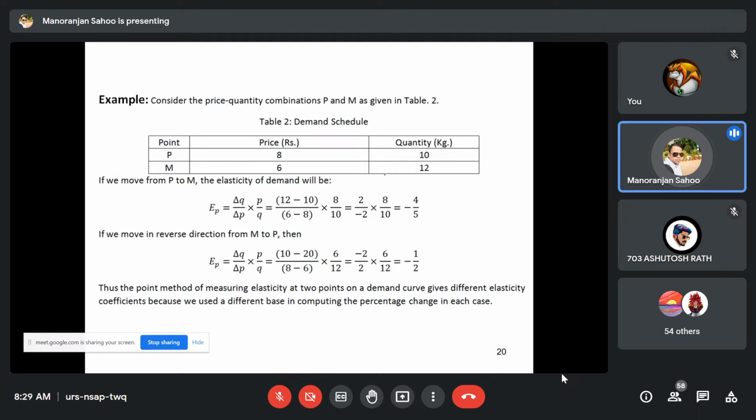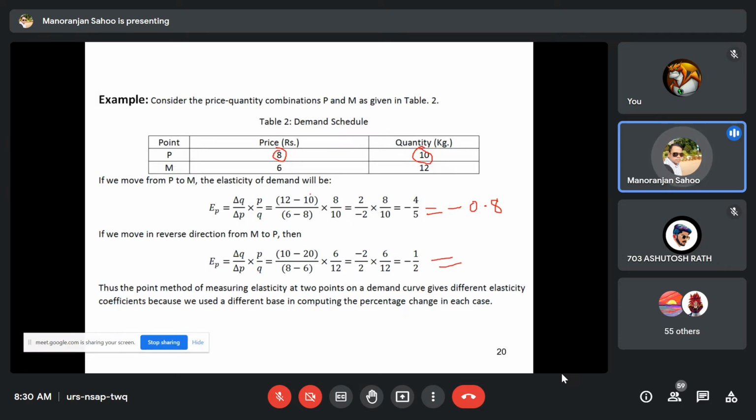Suppose initially our price was 8 rupees, and accordingly the quantity demanded was 10 kg. So for a reduction in the price, if you are calculating the elasticity, then it will be minus 0.8, or minus 4 by 5.